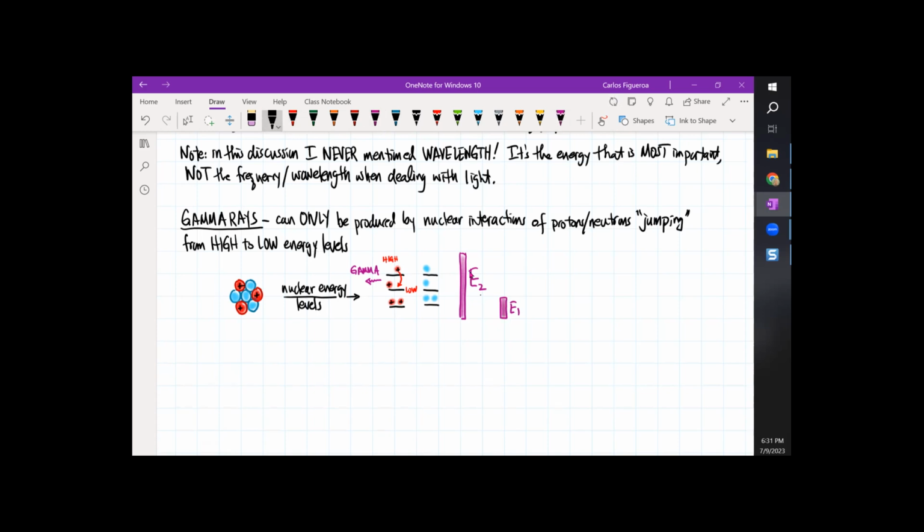To conserve energy, I should have made this color different. Let's make that green. So this amount is the energy of the light, of the gamma ray.